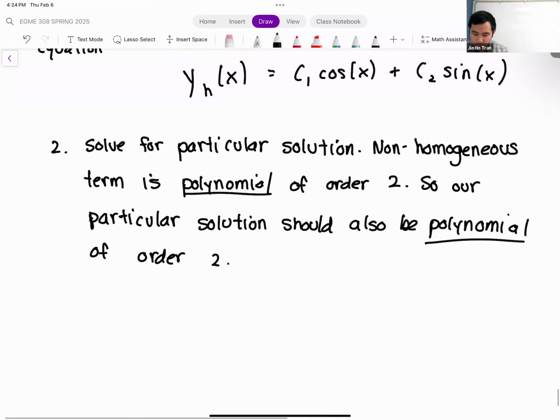You're literally just looking to see what functional form the non-homogeneous term is, and then setting your particular solution to be the exact same form.